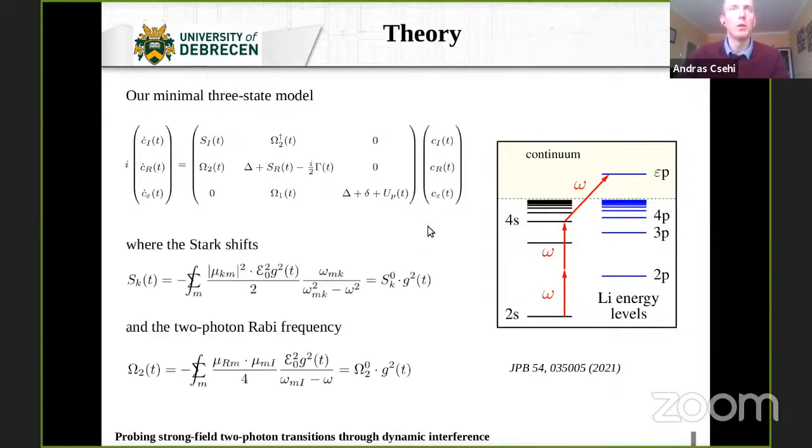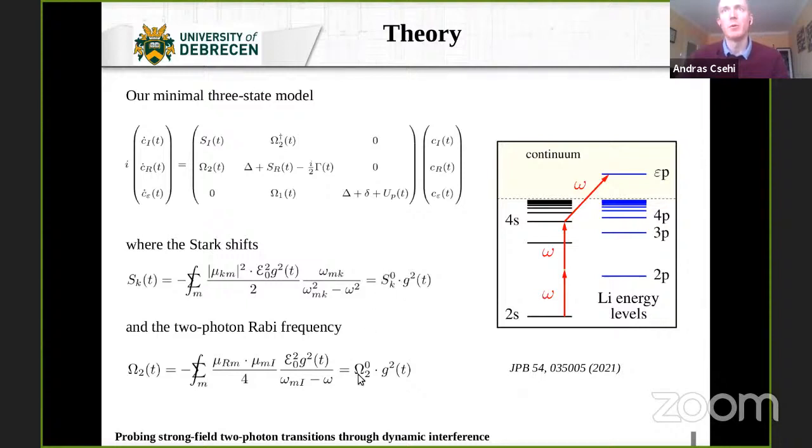So these Stark shifts and also the 2 photon Rabi frequency are calculated from the system stationary quantities like the dipoles and the transition frequencies, and they depend also on the laser frequency and follow the pulse intensity envelope. So to do the dynamics, we need to calculate such quantities in advance.